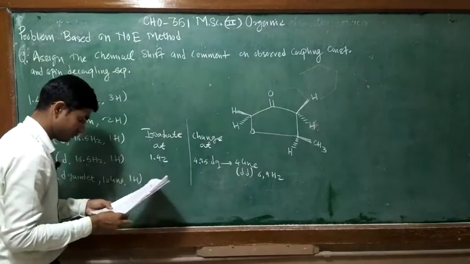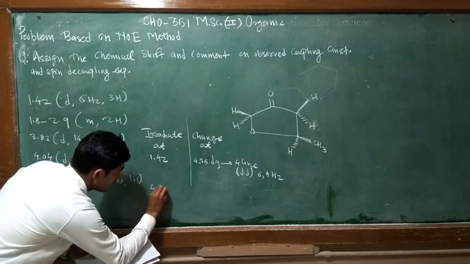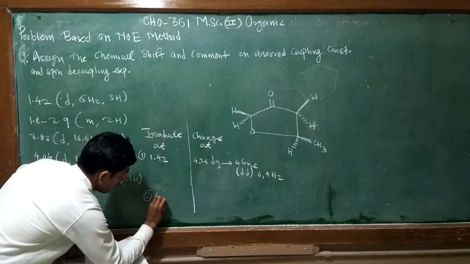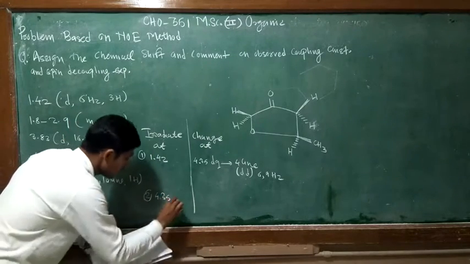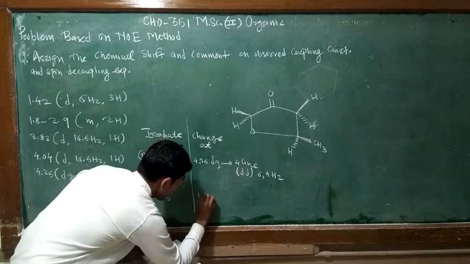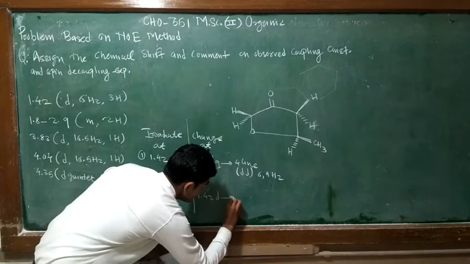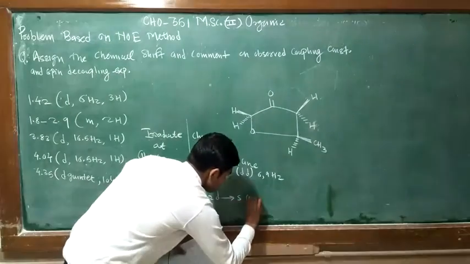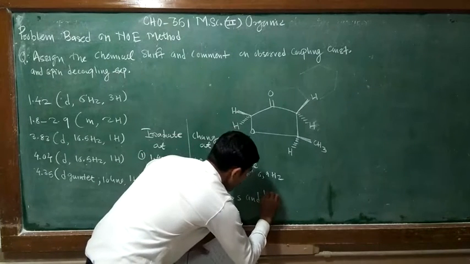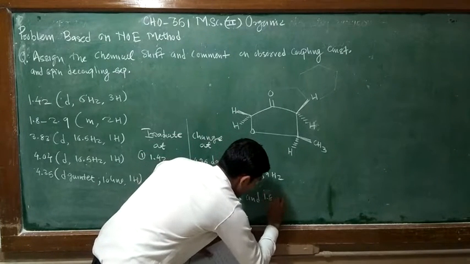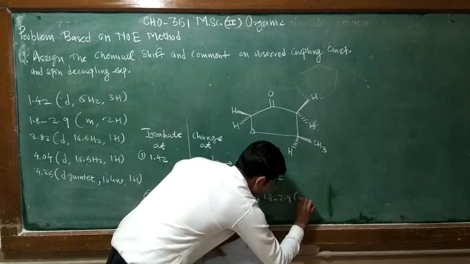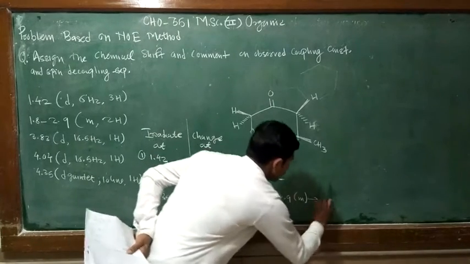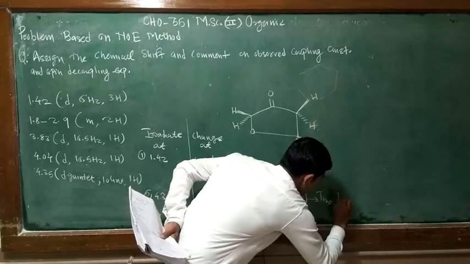Then, irradiation at 4.35, the signal at 1.42 doublet changes into a singlet, also the signal at 1.8 to 2.9 multiplet changes into 2 doublets.